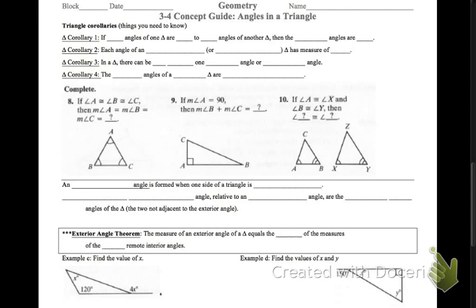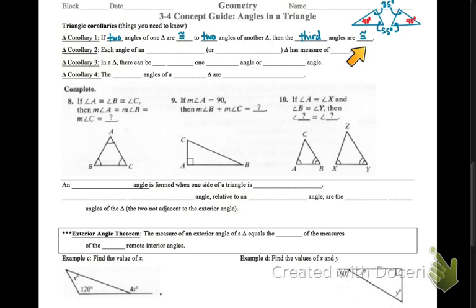Now, there's 4 corollaries. These are things that are true because these other theorems are true. A couple of these we already talked about. But these are things that you're going to need to know. If 2 angles of one triangle are congruent to 2 angles of another triangle, then the third angles must be congruent. Think about this for a second.